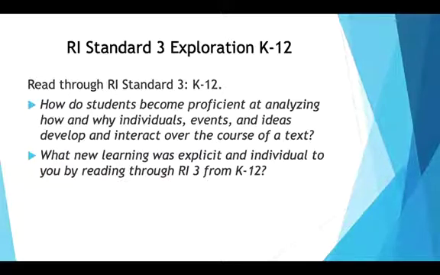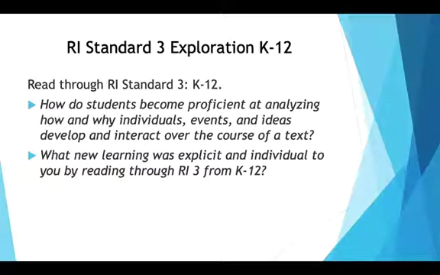You are now going to read through RI Standard 3 documents from K through 12. I recommend that you start with kindergarten to track how the standard progresses. You will use this time to read through the standard in order to then answer with your colleagues and administrators: How do students become proficient at analyzing how and why individuals, events, and ideas develop and interact over the course of a text?